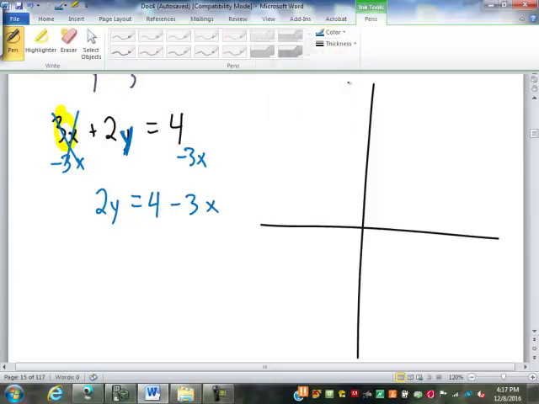Then what? Now we divide by 2. Y equals, what do we get? You got it. 2 minus 3 over 2x. So that means we start at 2, and then from there we go down 3 over 2.